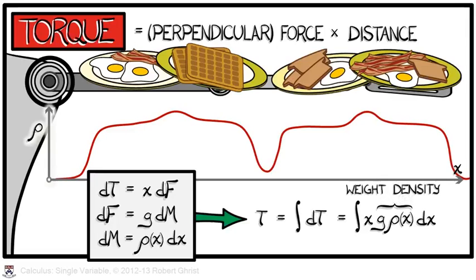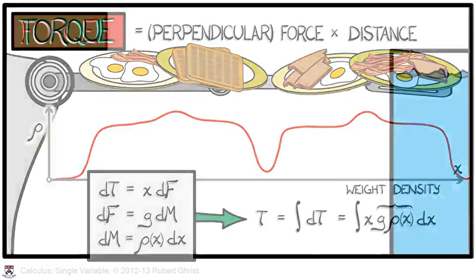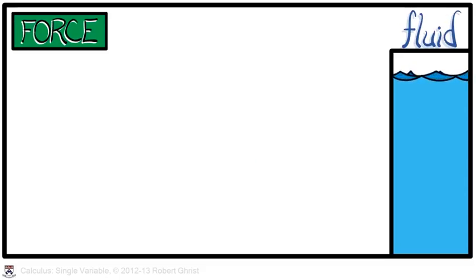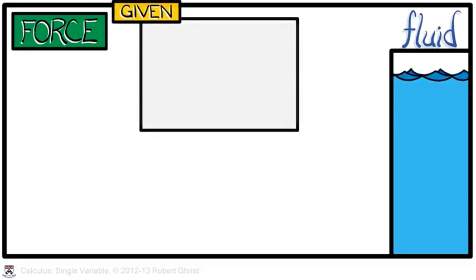Sometimes we'll collapse g and rho of x together to give something called a weight density. Now, you don't have to memorize this formula, but you have to know how to reason in terms of elements in this manner.